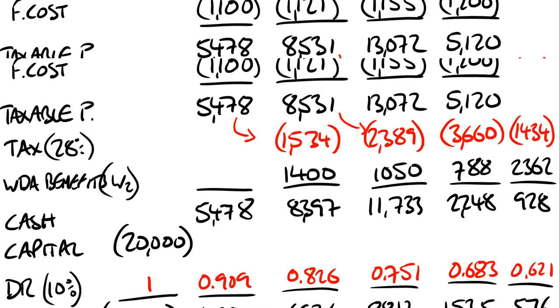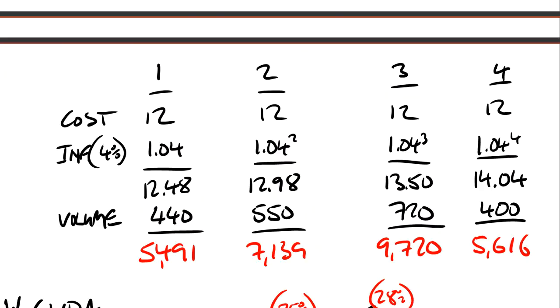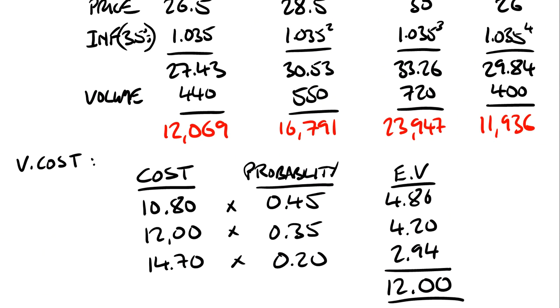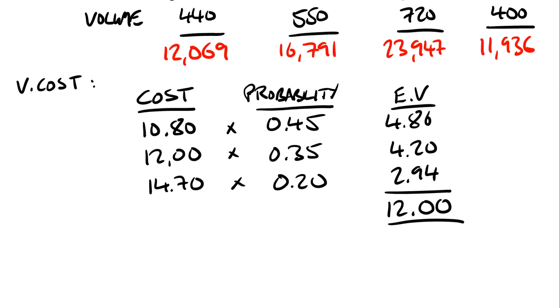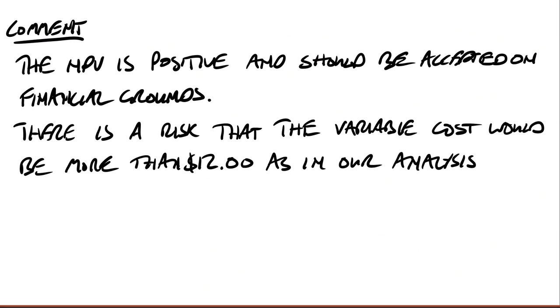However, if you look at it, there's not a big risk, because looking at the calculation, whereas our expected value, so here's our variable cost, 12 is actually used in here, so we have 12 here, so we can tell that there's only a 20% risk that it's going to be above that, so it's most likely to be 12 or under.